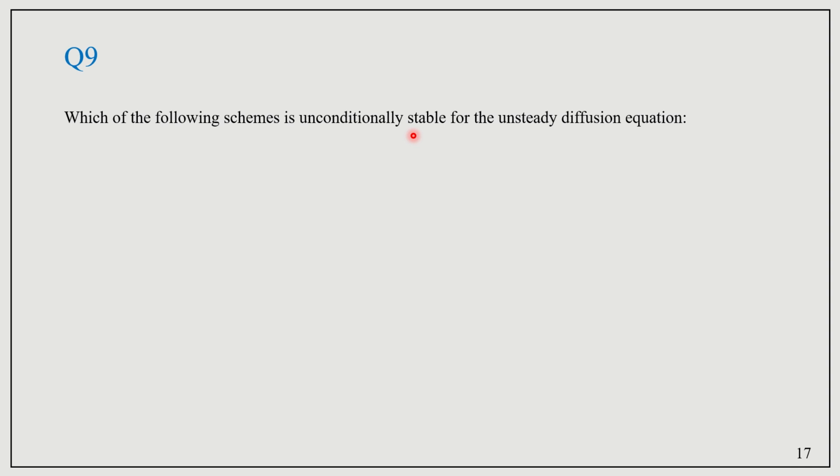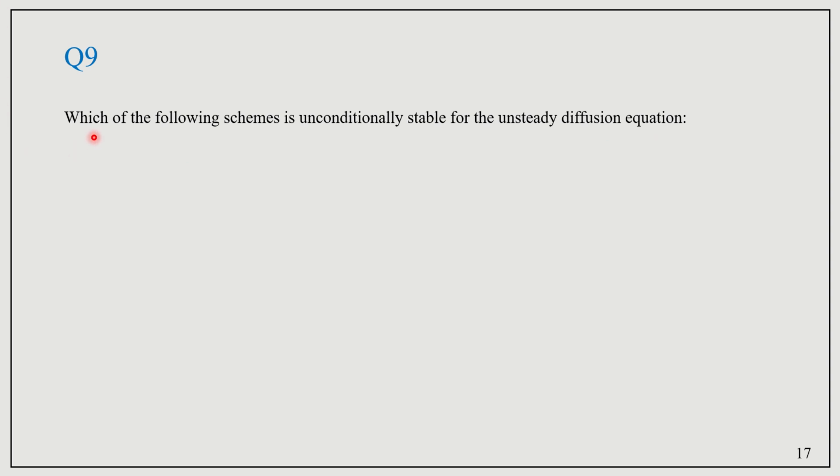That is the meaning. Now when we say unconditionally stable, we need not keep such low time step values. We can go ahead with a normal range and get the solution. That is what we mean by unconditionally stable. Because the system is unconditionally stable, we need not have strict criteria for the time step. So which of the following schemes is unconditionally stable for the unsteady diffusion equation?